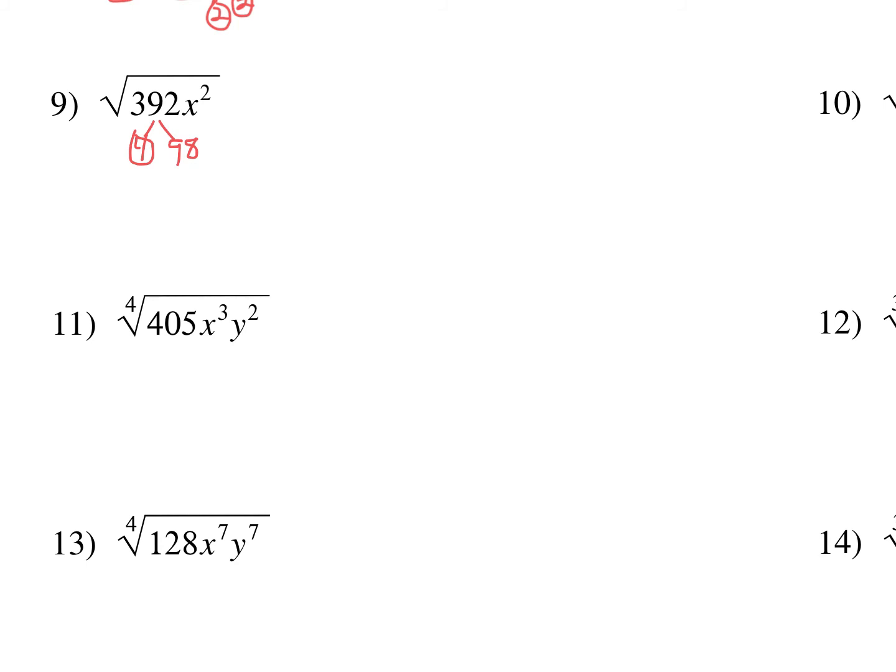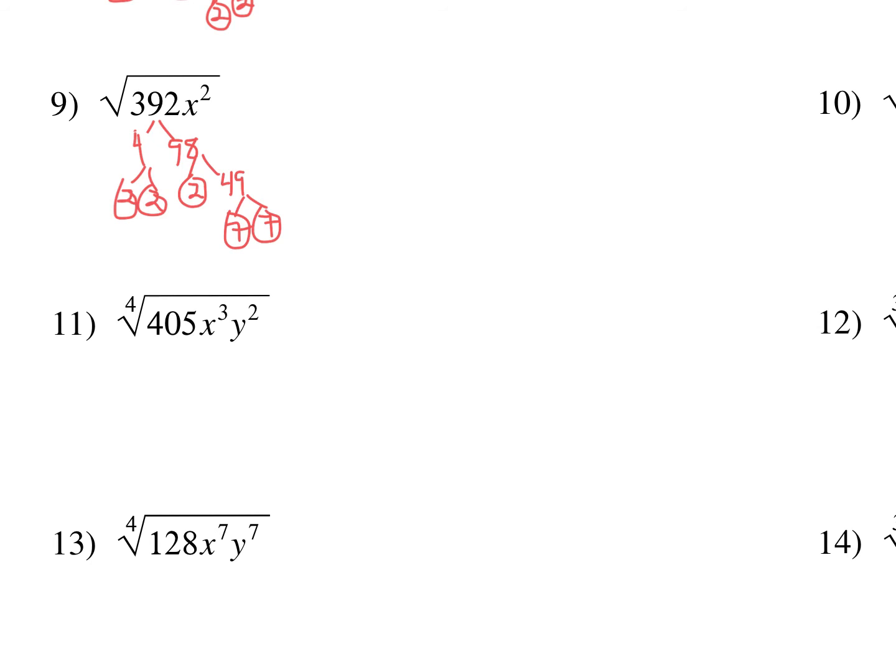Oops, I don't know why I put a circle around the 4. It's not prime, so the 4 breaks into 2 and 2. And then the 98 is divisible by 2, and we get 2 and 49.